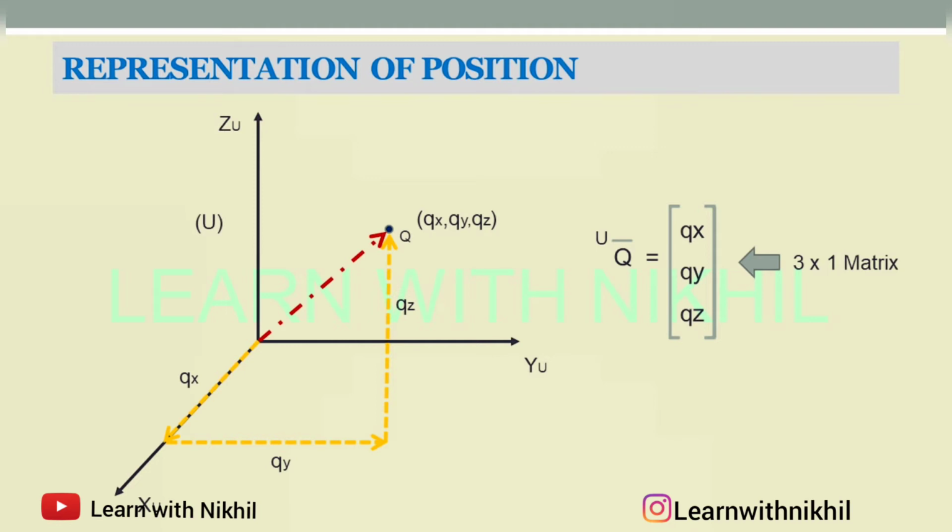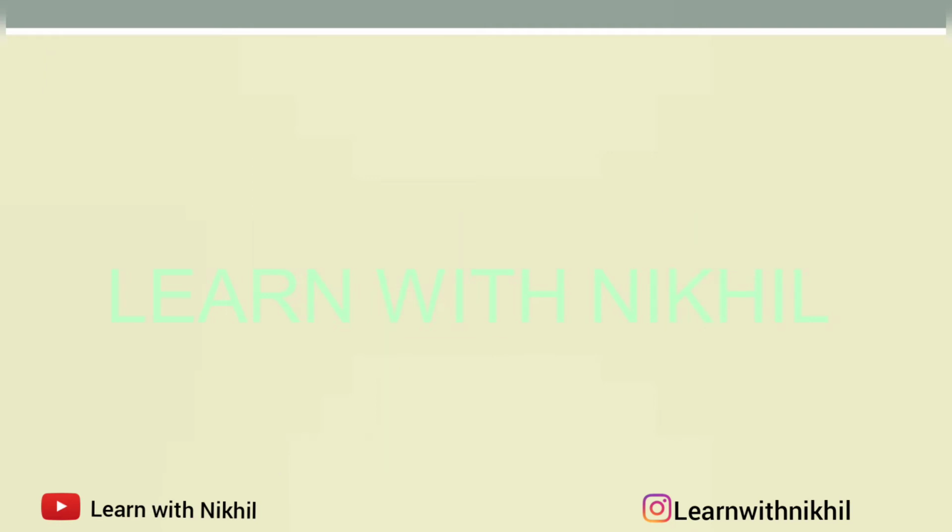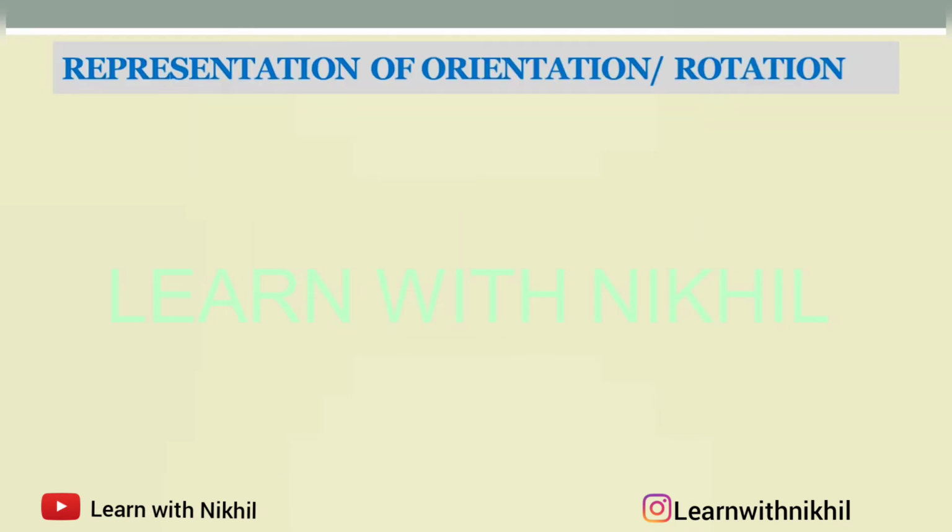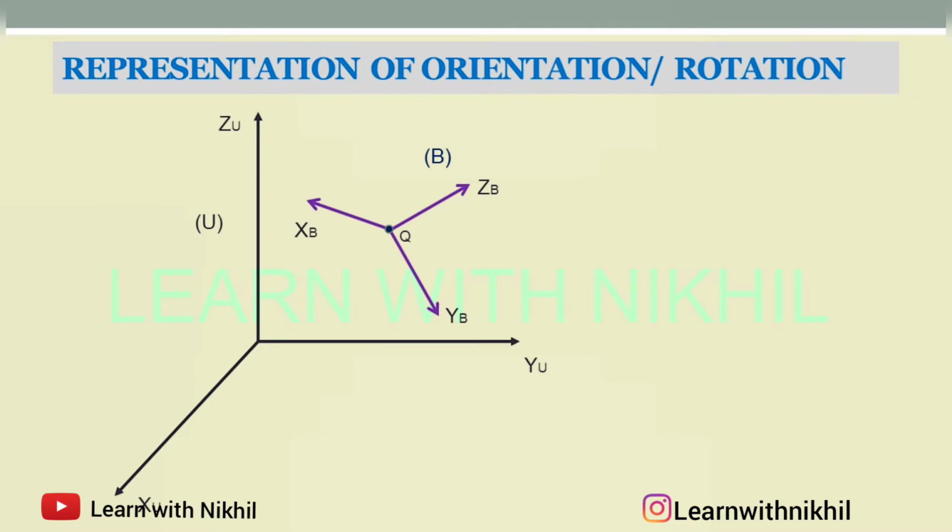Next we'll move towards the representation of the orientation. To study the representation of orientation or rotation, again we consider the universal coordinate system. You have this body coordinate system, that is the B coordinate system, and you have the Q point, that is the center mass of the body.